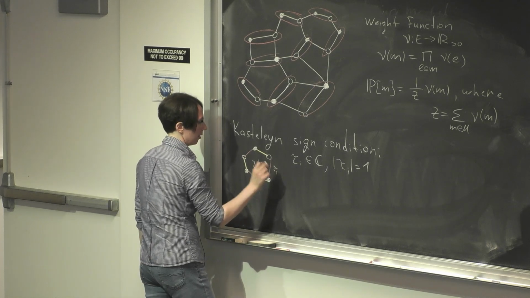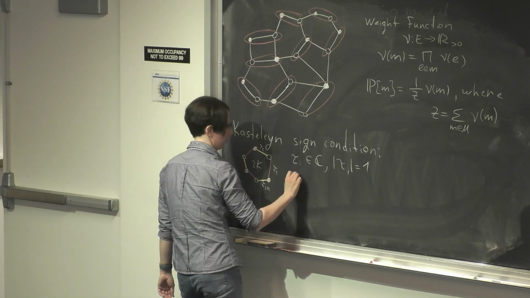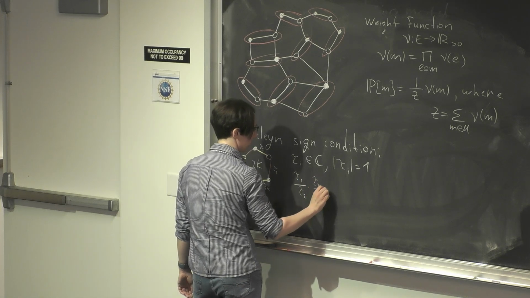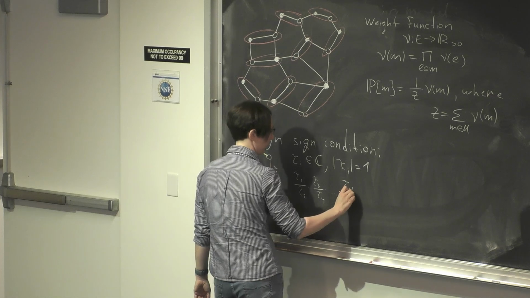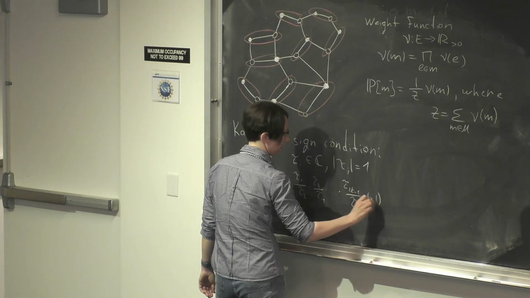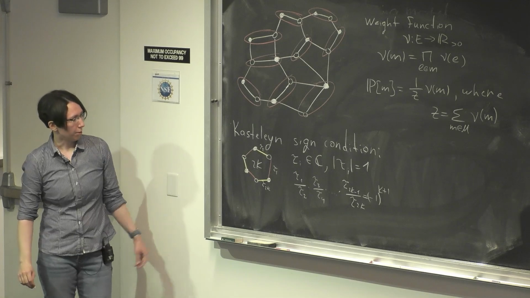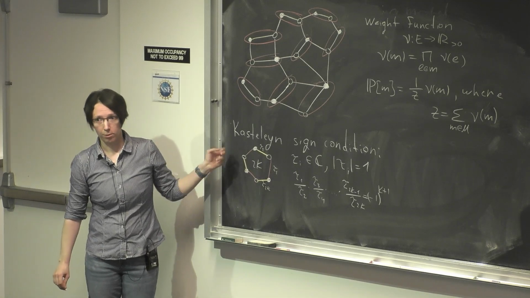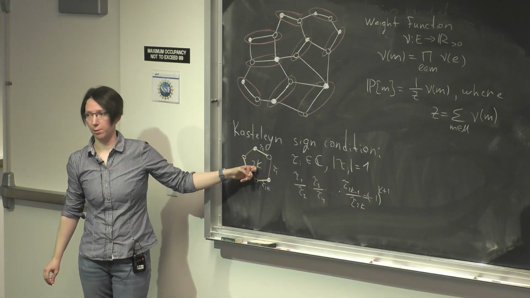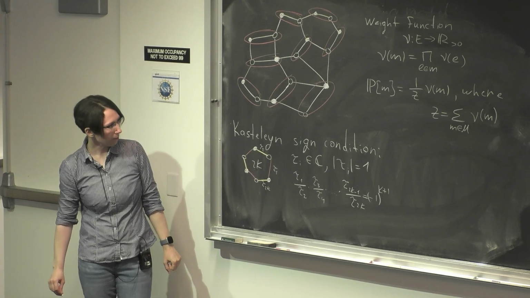So if those weights are tau 1, tau 2, etc., tau 2k, then tau 1 divided by tau 2 times tau 3 divided by tau 4, etc., tau 2k minus 1 divided by tau 2k is equal to minus 1 to the power k plus 1. So the product of all red edges divided by the product of yellow edges is minus 1 to the k plus 1, where k is related to the degree of the simple face.